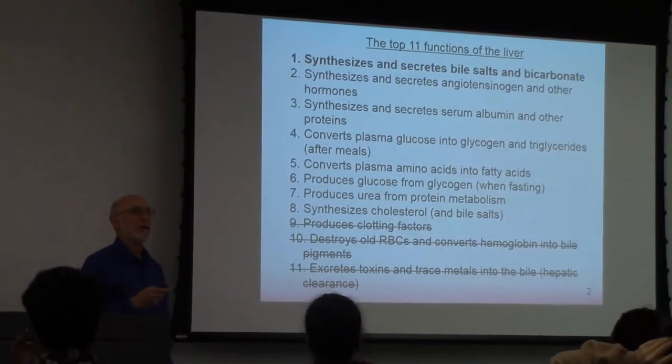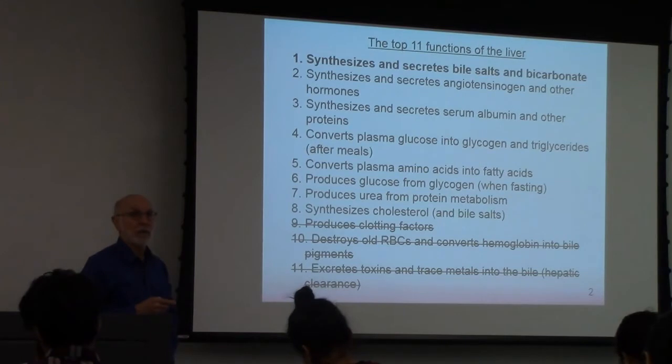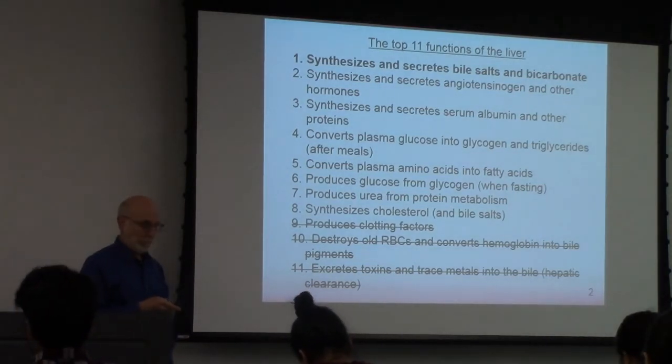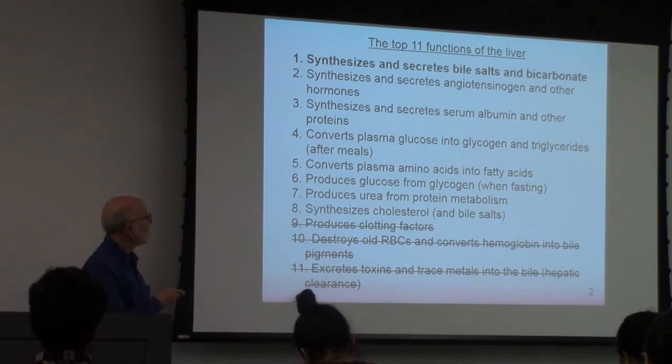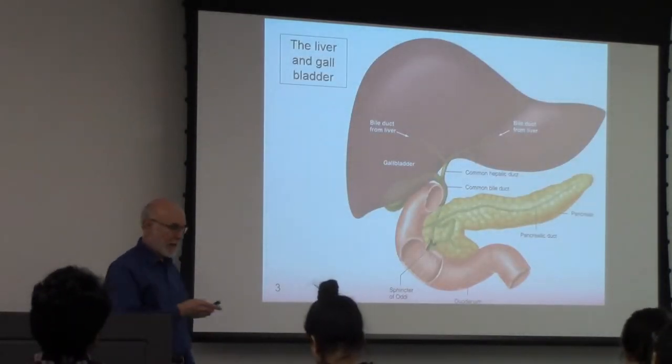The principles of clearance that you learned about for the kidney also apply to the liver for the things that are cleared by the liver. Not everything is cleared by the kidney. But we'll focus on bile salts today.